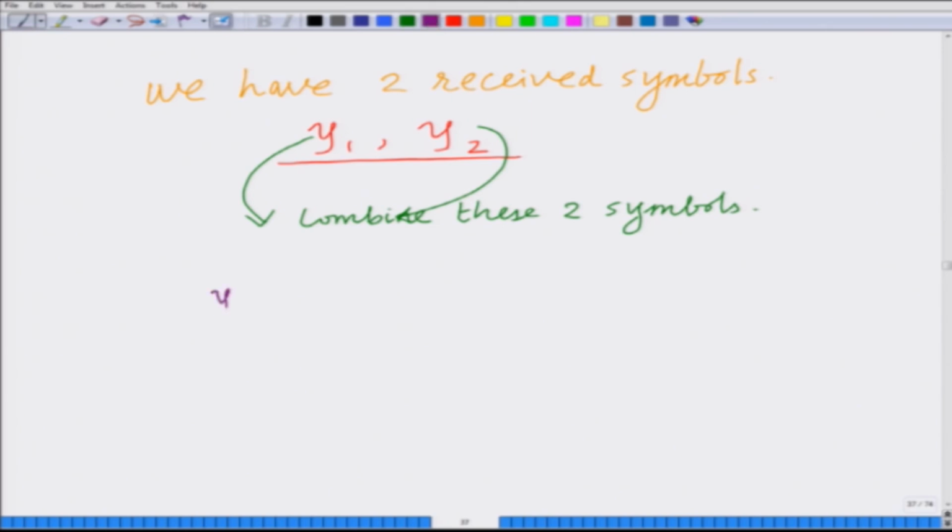We are going to form a new symbol y tilde as a weighted combination of these two symbols, that is W1 y1 plus W2 y2. So, these W1, W2 are our combining weights.